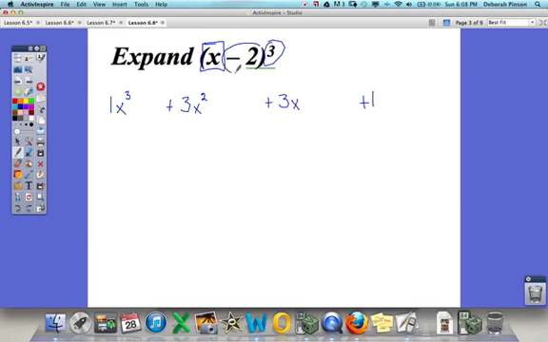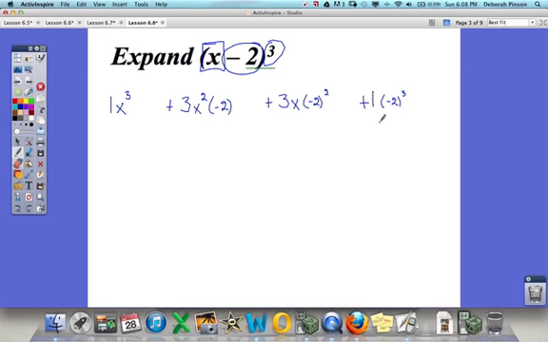Now, your negative 2 is the opposite. You can do one of two things. Either one's fine. You could either start at the back. I don't know why, but that's what I like to do. Probably just because I'm weird. I think I'm the only person who does it this way, not even there. Or you can say, it's to the 0 power, not even there, 1, 2, 3. Either one is fine.